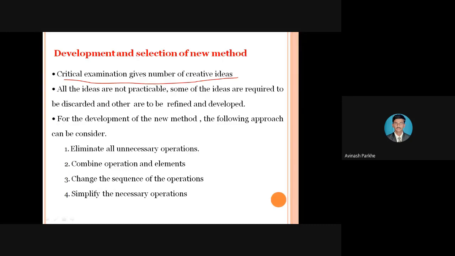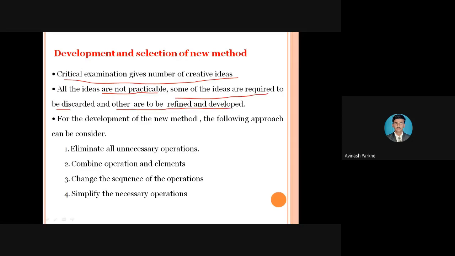So if I have to select a particular idea and implement it, which steps I have to follow, those steps can be represented by using this chart. So here I have written: all the ideas are not practicable, some ideas are required to be discarded, and others can be refined and developed. Just now we have discussed that some ideas are not practicable.